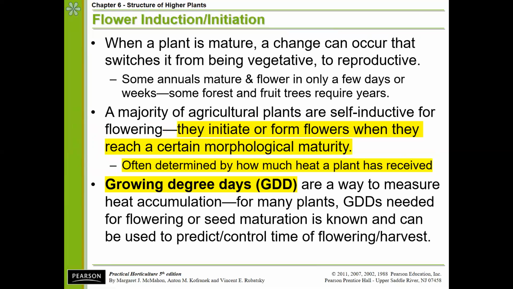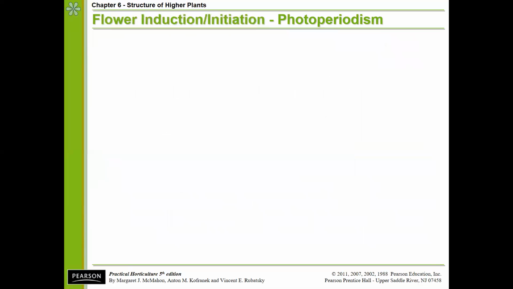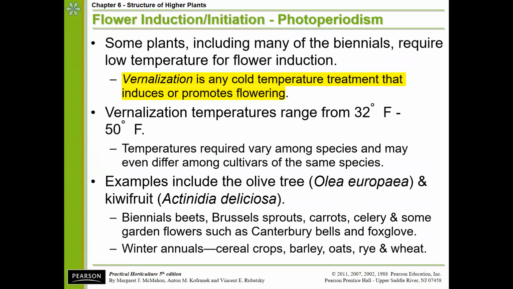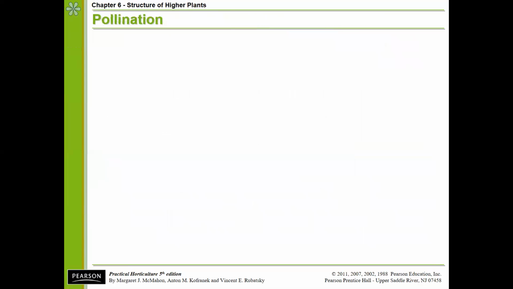And we can look at that in terms of growing degree days, again, which is actually recorded by many of the weather services. We've got vernalization as any cold temperature treatment that induces or promotes flowering. We already kind of mentioned that, but do that again there, especially in the case of biennials.